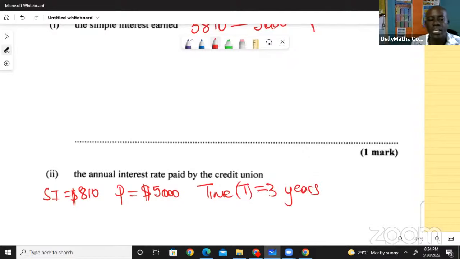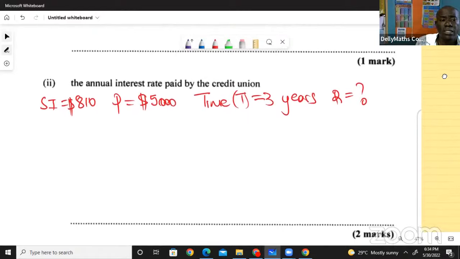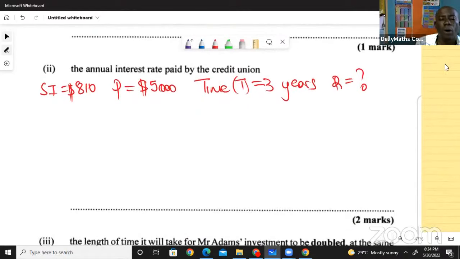So I have that information. They're asking me now to find R, which is the rate. Remember though that this formula that we have is a formula for everything. There are many ways you could work this out. The simple interest formula says that the interest is P times R times T over 100.